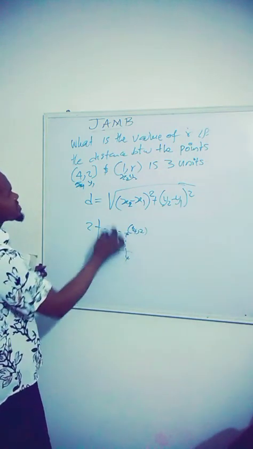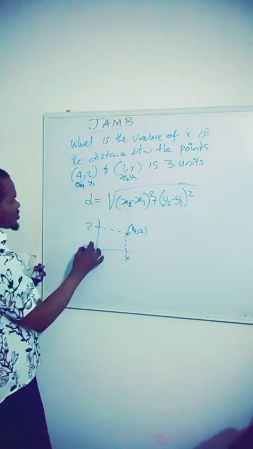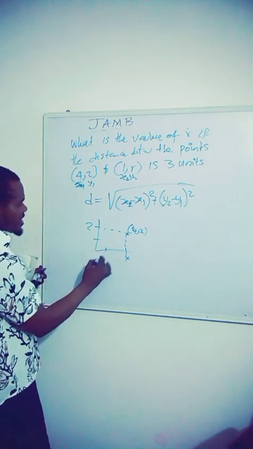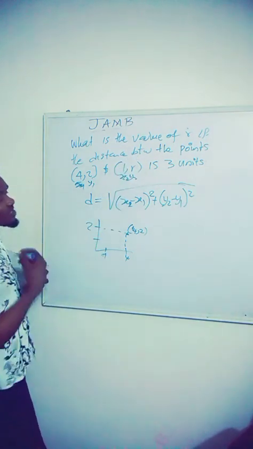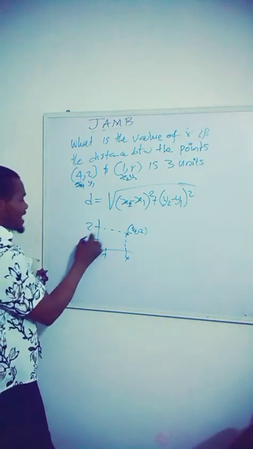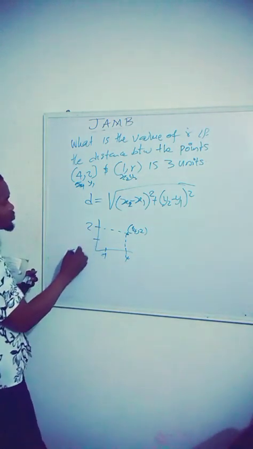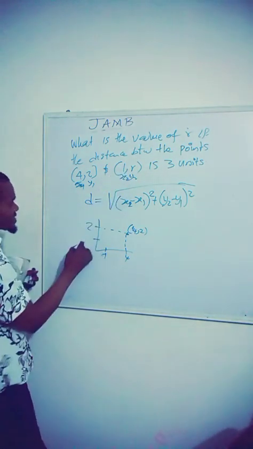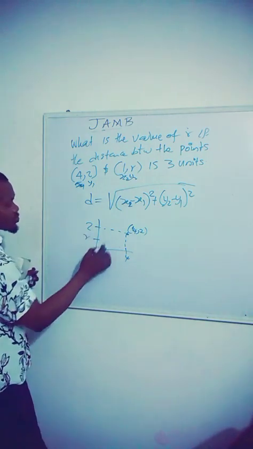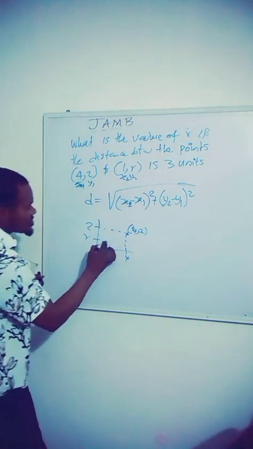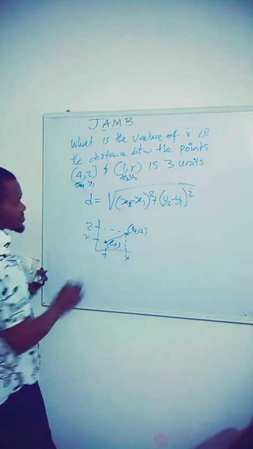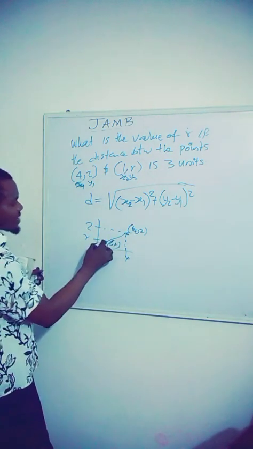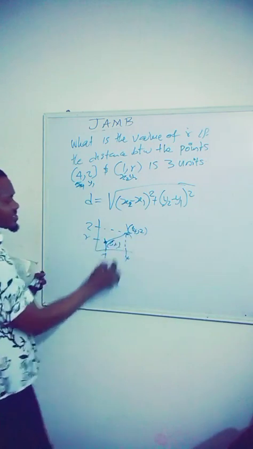Now the next point is when x is 1, y is R. We don't know the value of R, but if it's lesser than 2, we'll be at this point. So here will be (1, r), and we are calculating the distance between these two points, this length.